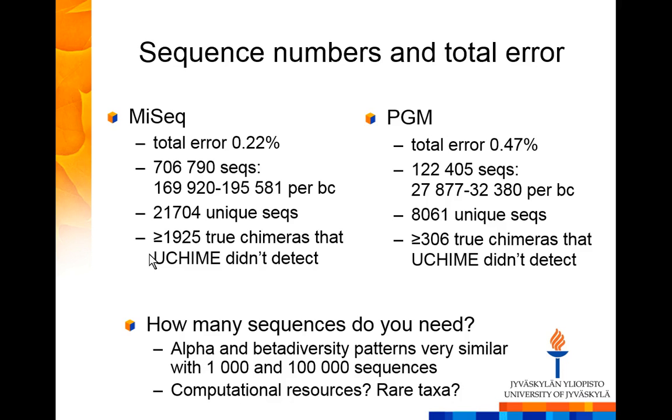And because I was able to pool them at very equal proportions, the difference between the highest and lowest sequence count per barcode is not very different. For Ion Torrent, I got more than 25,000 sequences per barcode. And these are the final good quality, filtered, classified bacterial sequences.